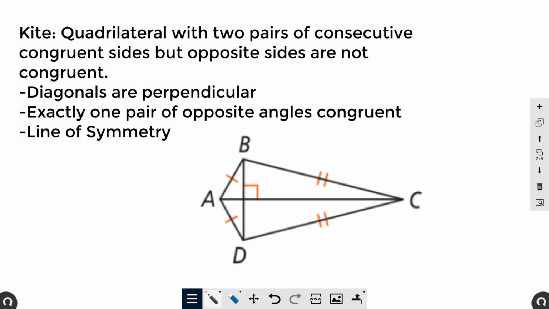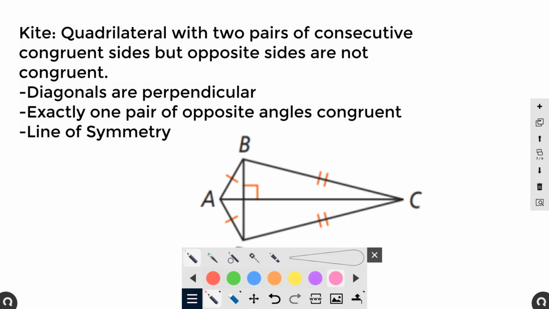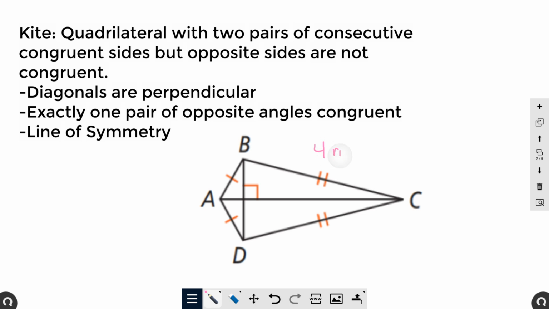Now, a couple other facts is the diagonals are perpendicular, so that's similar to our square and our rhombus, that when the diagonals connect, they're all perpendicular. So we end up making four right triangles, right? Since our diagonals are perpendicular, we make four right triangles. And knowing one of the angles might help us to find the other two angles.